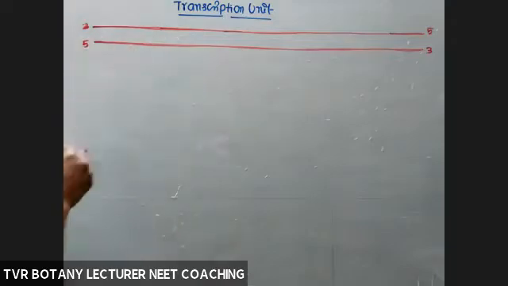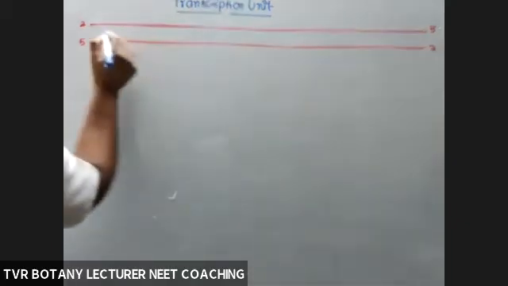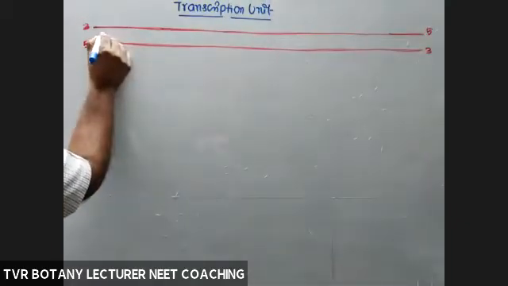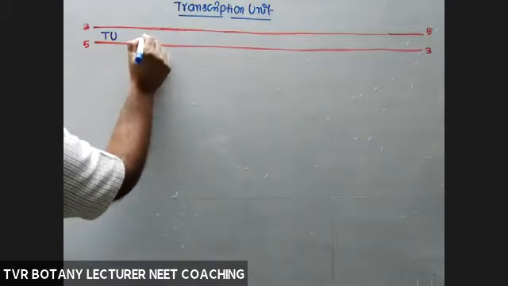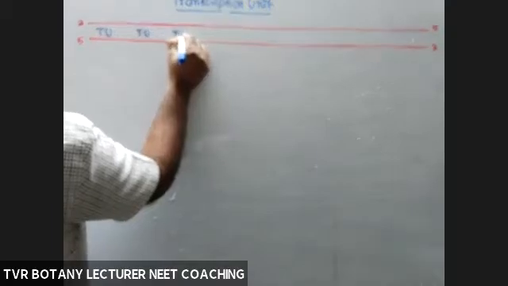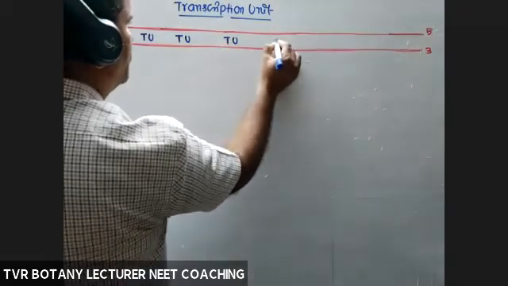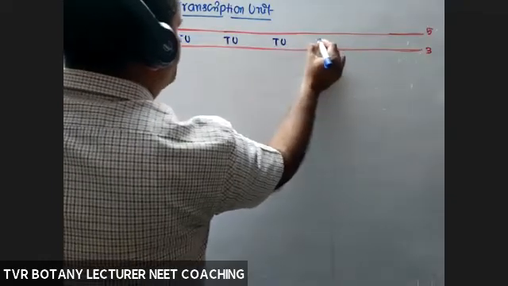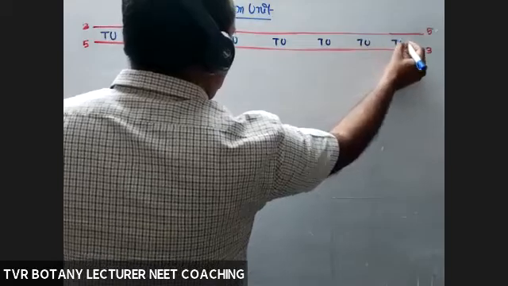So along the length of a DNA molecule, this is transcription unit 1. Along the length, many are present: transcription unit 2, transcription unit 3, transcription unit 4, 5, 6, 7, 8. Many are present.